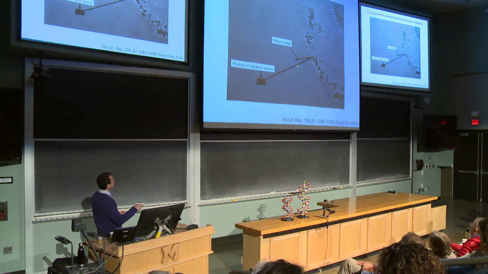If you have a small return angle, then it's growing towards the source. If you have a larger angle, it's growing away from the source. They did this for a number of melanized fungi, and they found for many of them a very short return angle, indicating they were growing towards the source of radiation.